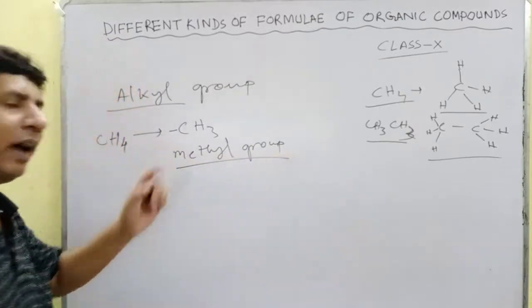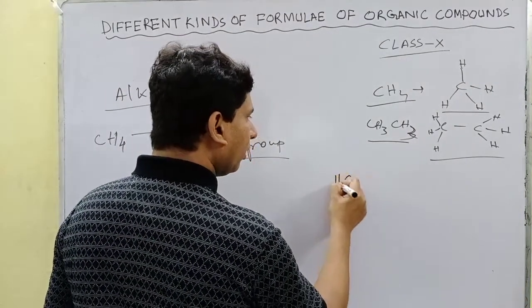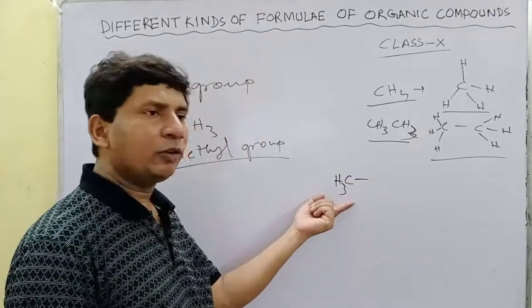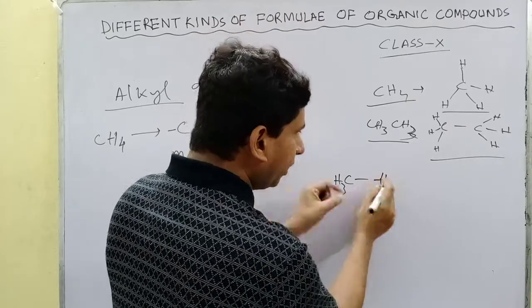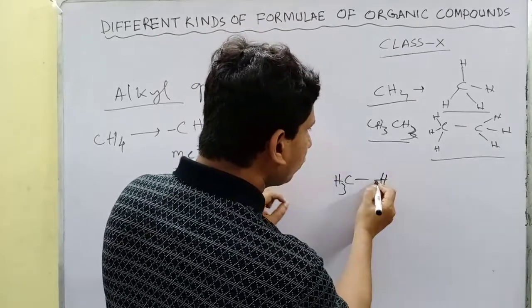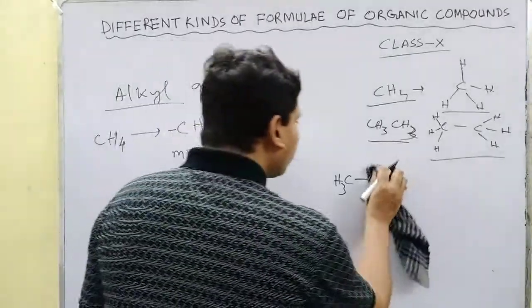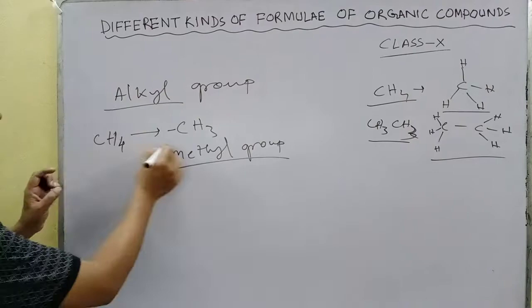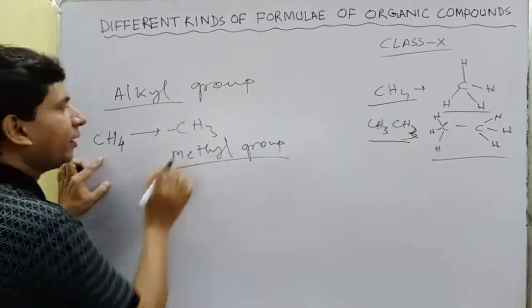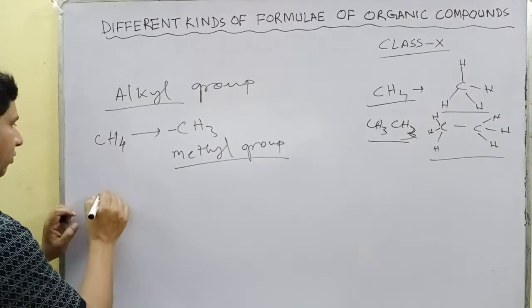This hydrogen and methyl group can join, then we will get methane. So from methane we get the methyl group after removing one hydrogen.